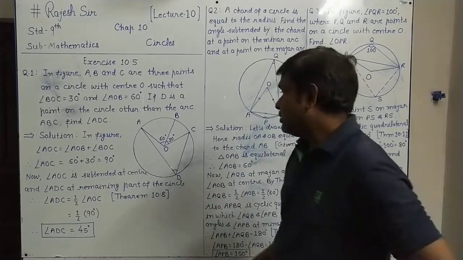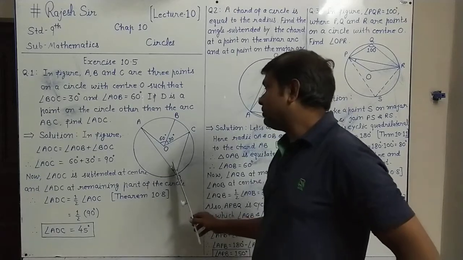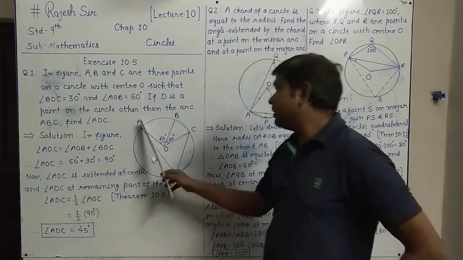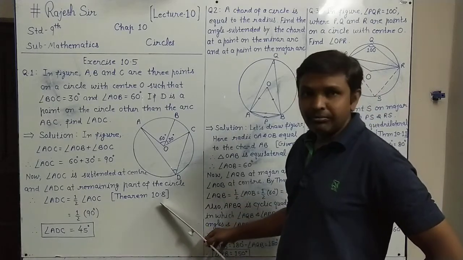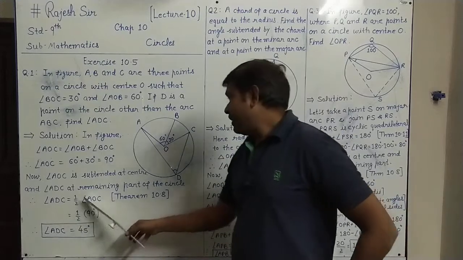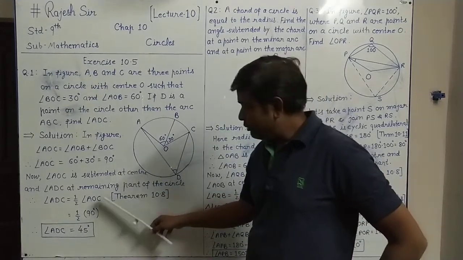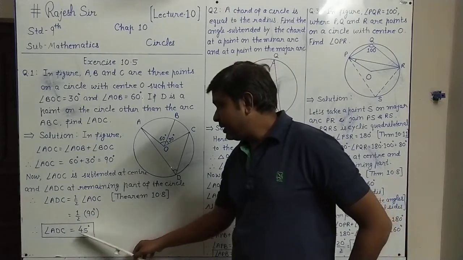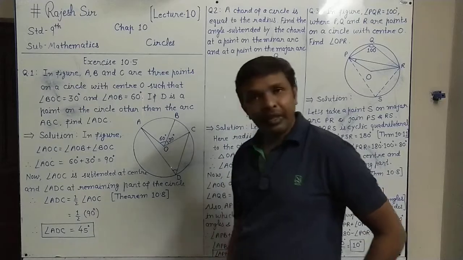So the angle at the remaining part of the circle is half of the angle at the center. Half of angle AOC, which is 90 degrees, is 45 degrees. So angle ADC is 45 degrees.